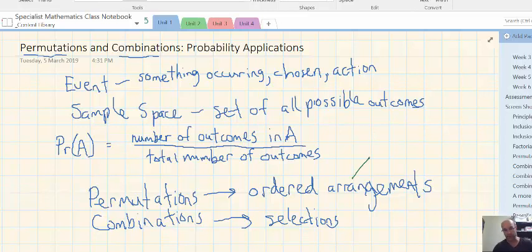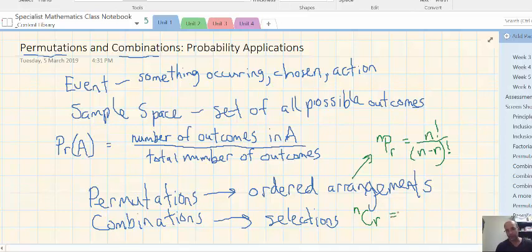Associated with permutations is nPr, arranging n things r at a time, and we've seen that's n factorial over n minus r factorial. With combinations we have nCr, which is choosing n things r at a time, or choosing from n things, we're choosing r, or r at a time, r from n.